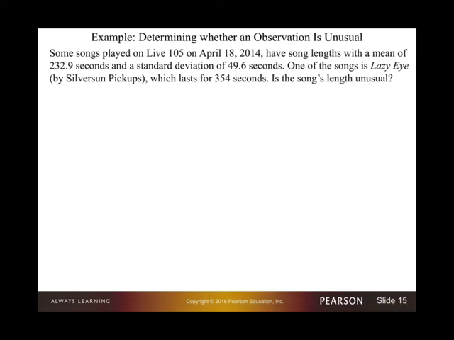Okay, every time we want to find out whether a value is usual or unusual, you need to think about these two formulas, the maximum usual and minimum usual. They gave the mean and the standard deviation. So first, I want you to plug into the formula and find it out.